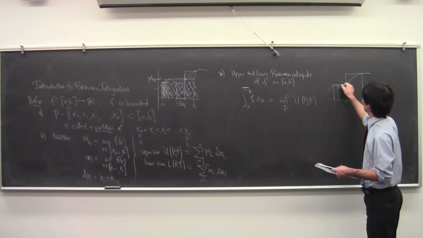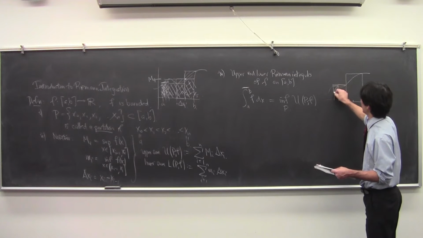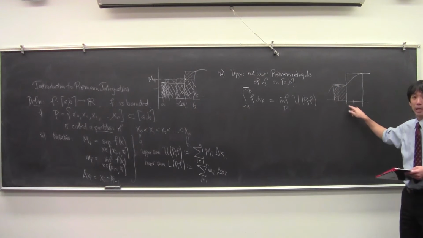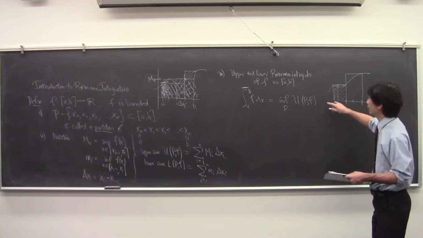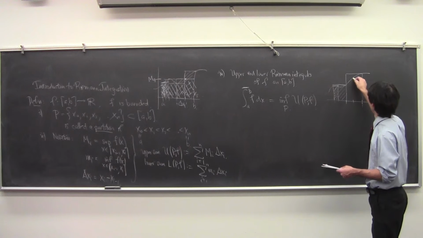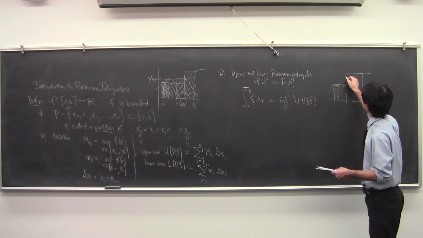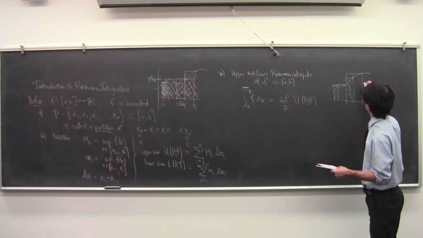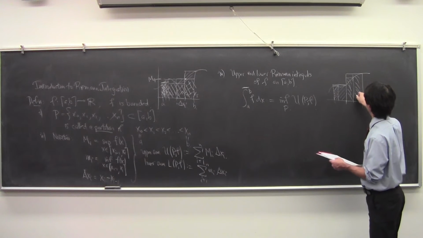Over here it's the same, but over here we actually get something smaller. And so you see that as you refine the partition, the upper sum actually decreases. So here we've got this refinement. The supremum over here is like this. The supremum over here still stays the same.